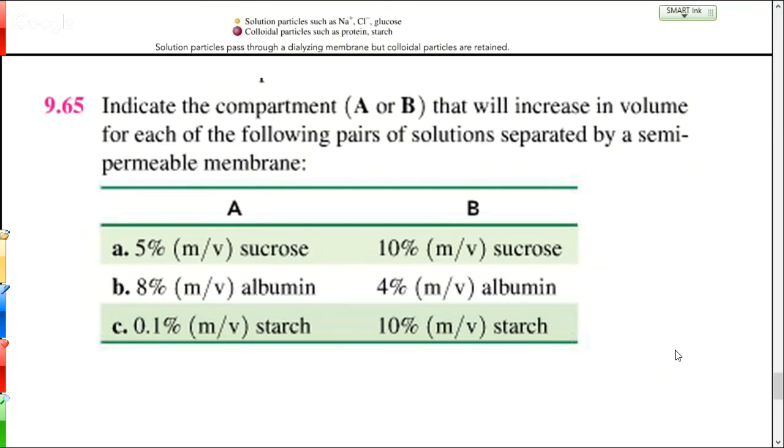It's always kind of the same thing. So we'll just look at one of them, but let's look at A, for instance.